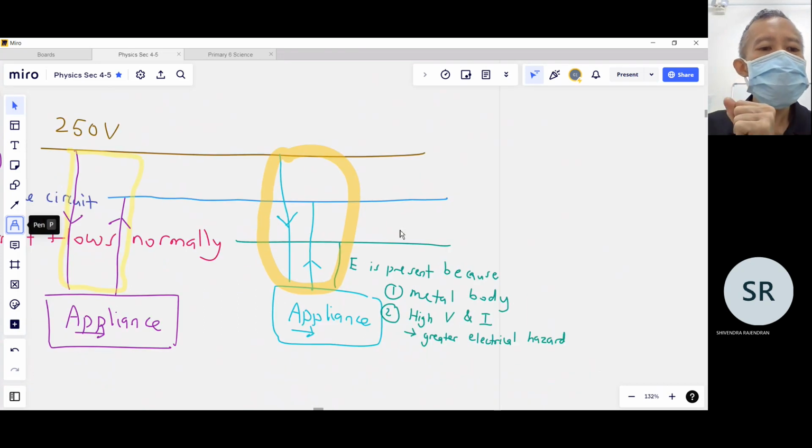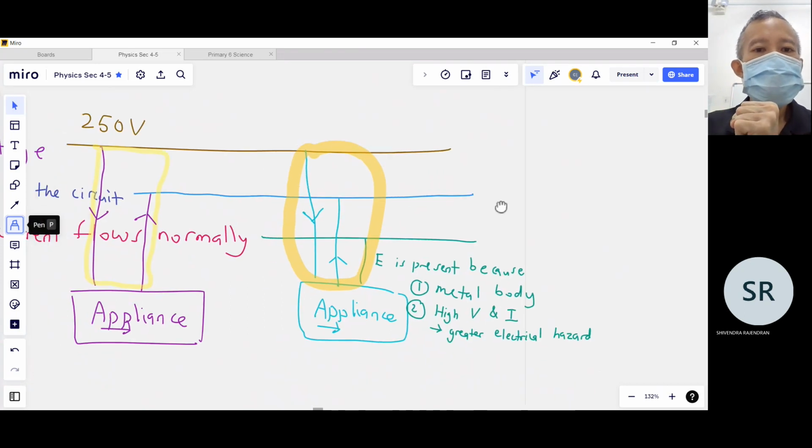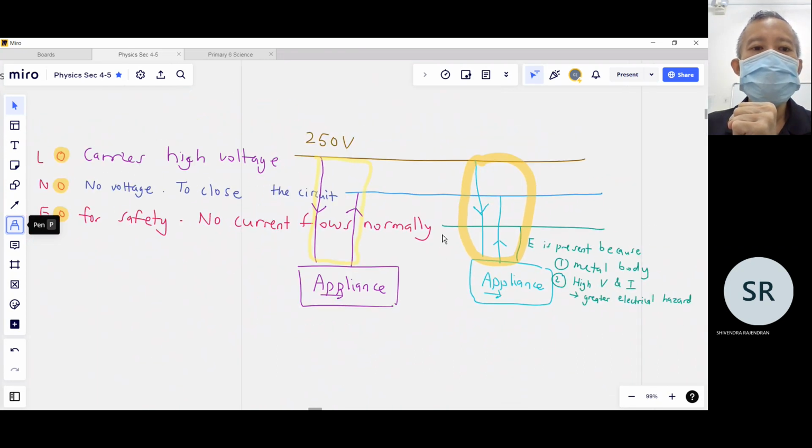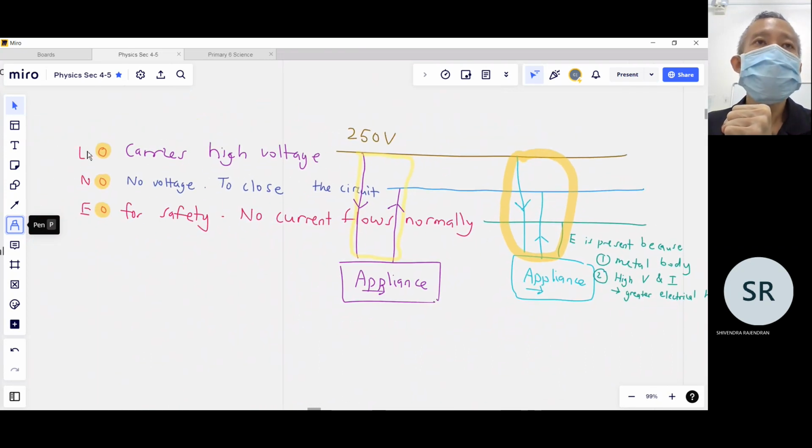Any questions? Now, just a repetition. Why do you need 3? Live, neutral, earth. Basically, your live carries a voltage. And if you join up the appliance, current will flow from the live to the neutral, so as to close the circuit.